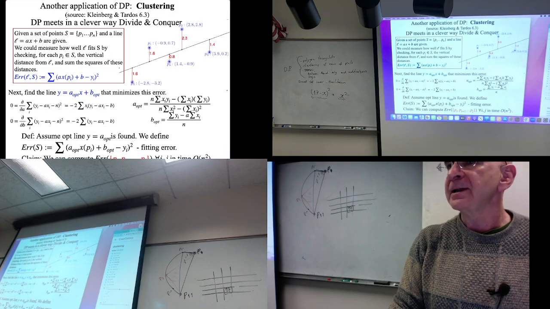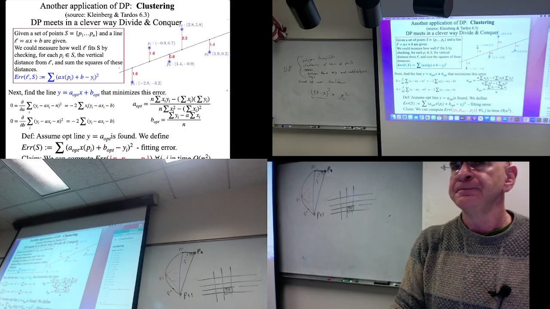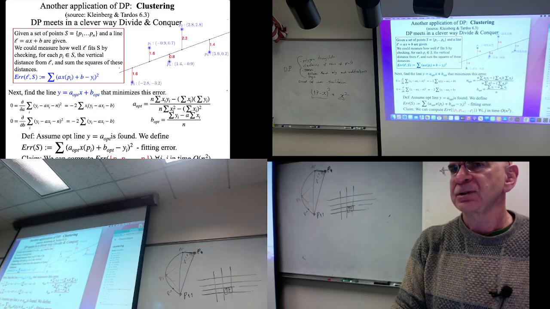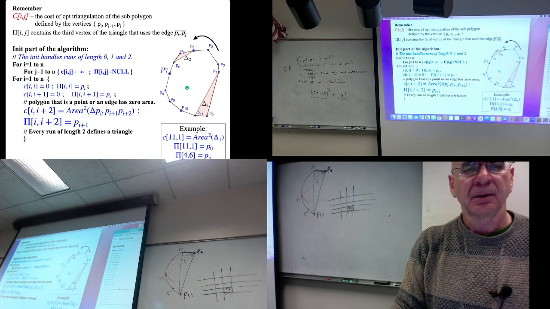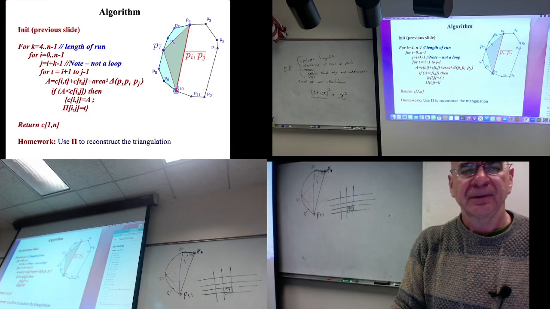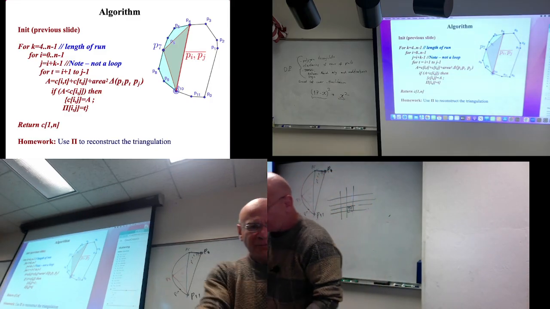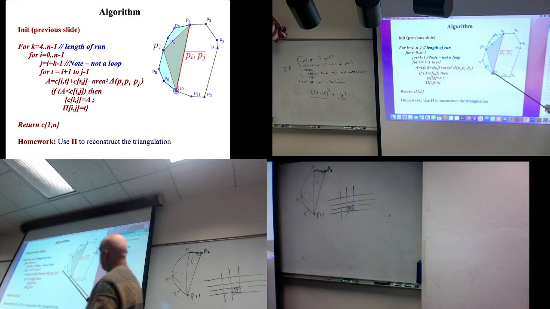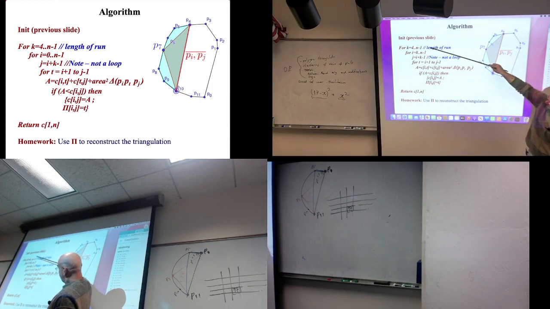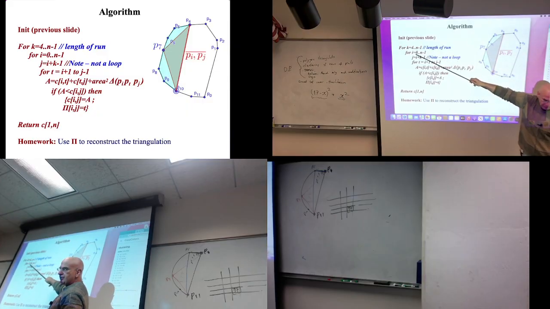On the other hand, here is an example where it will be much easier, and polynomial. Oh, I forgot. What was the running time of the triangulation algorithm? Not much to negotiate. I ran over the length of the run, that's n. For each, I choose the starting point, another n.